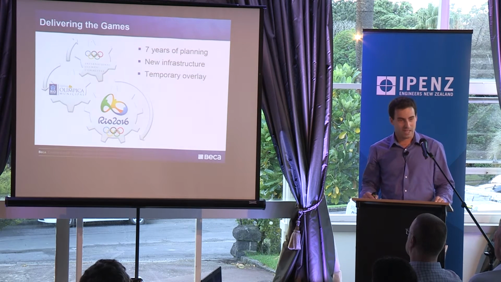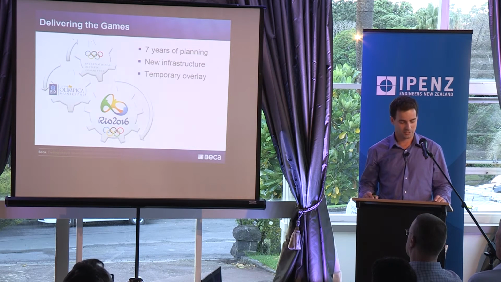In delivering an Olympic Games, there's multiple parties that are involved. In 2009, Rio de Janeiro was announced as the host city for 2016. And over the next 7 years, a local organising committee is formed, taking shape to plan and deliver the Games. Now there's essentially a three-tier structure.